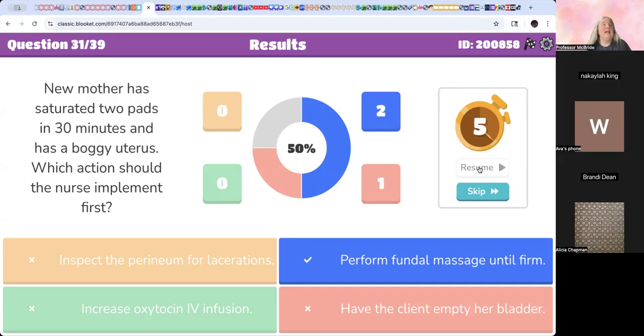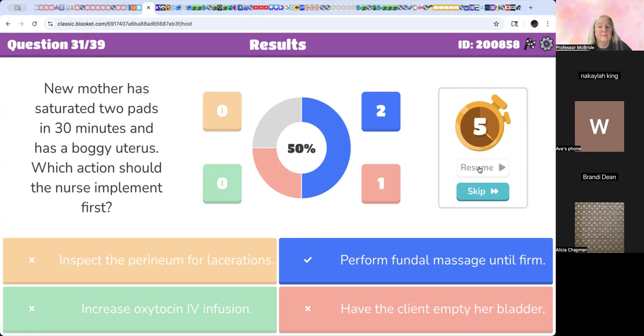If I assess a patient and her bladder's full, what might I find on her assessment? Distension. What might I find with her uterus if her bladder's full?